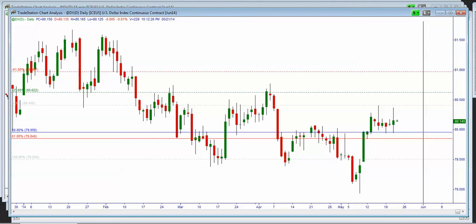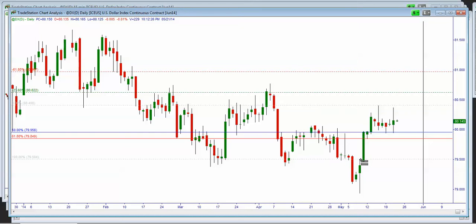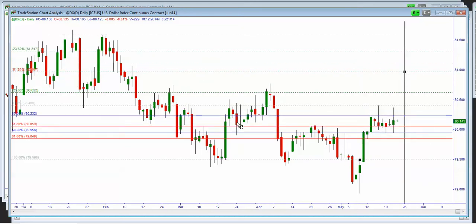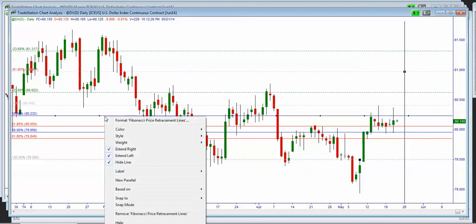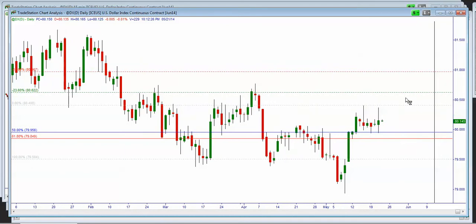And keep in mind that if we get to the second target, this retracement could bring price back into the 80.23. But let's not get ahead of ourselves. Let's see and follow this market into these first two targets.